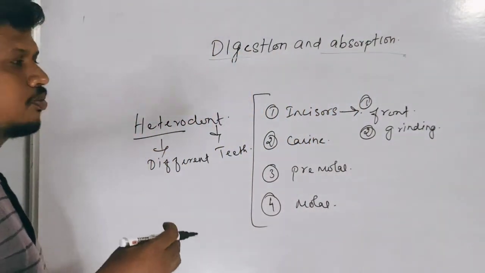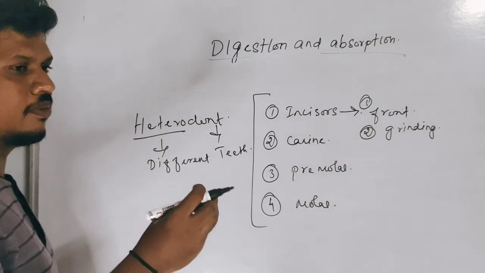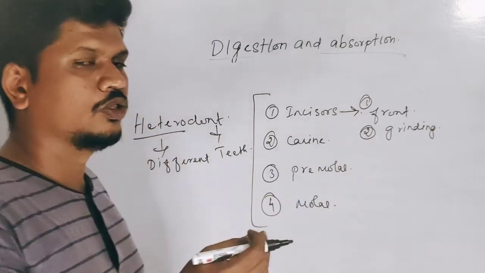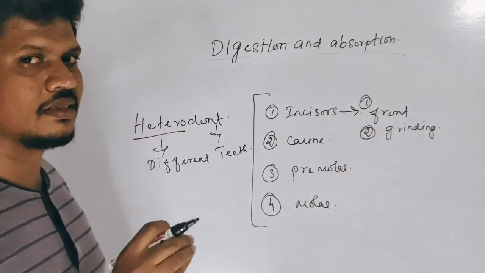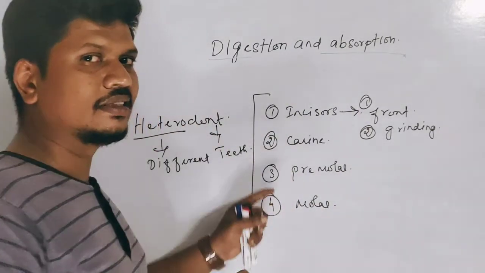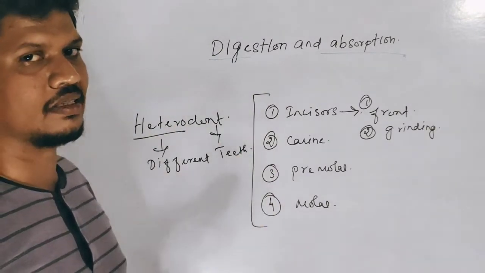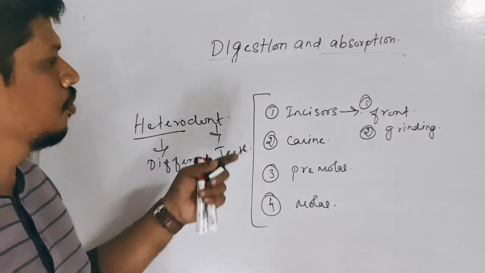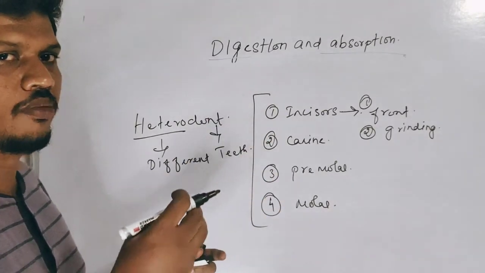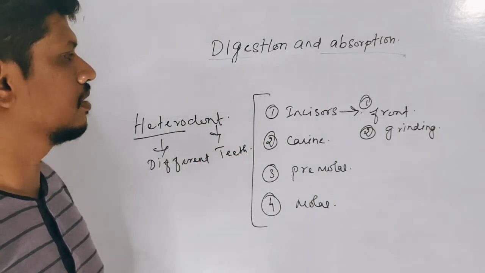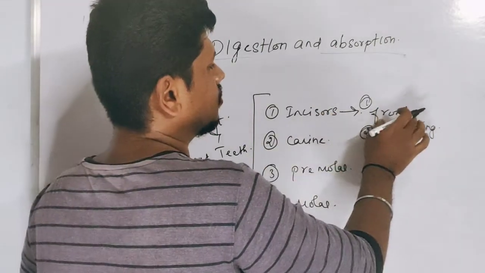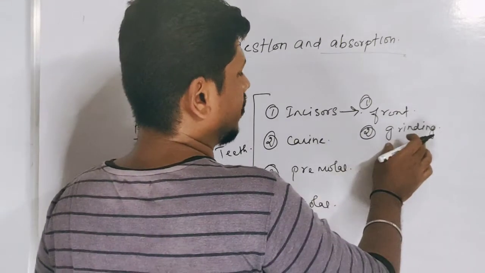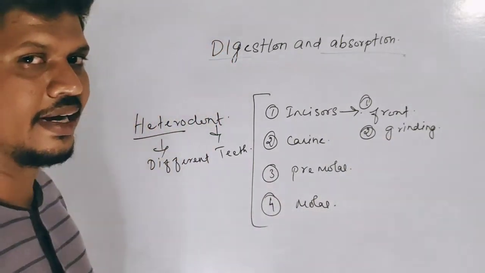Actually, teeth are responsible for crushing the food material and forming it into a simple form. Which means that size reduction happens with the help of teeth. We can consider it a mechanical reduction, right? Here no chemical reactions are possible. Mechanically it is broken down with the help of teeth. Okay. Incisors: located in front, and the purpose is grinding. Clear?